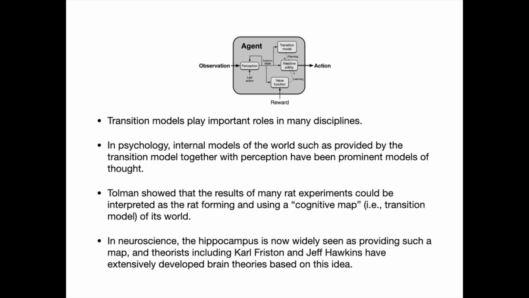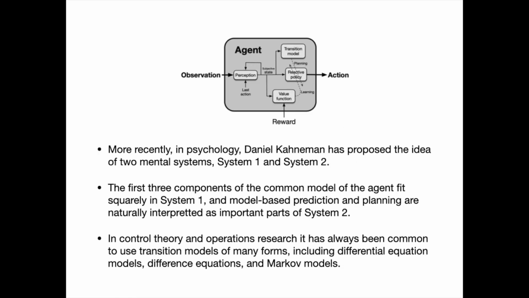In neuroscience, the hippocampus is now widely seen as providing such a map, and theorists including Carl Friston and Jeff Hawkins have extensively developed brain theories based on this idea. More recently, in psychology, Daniel Kahneman has proposed the idea of two mental systems, System 1 and System 2. The first three components of the common model of the agent fit squarely in System 1, and model-based prediction and planning are naturally interpreted as important parts of System 2.